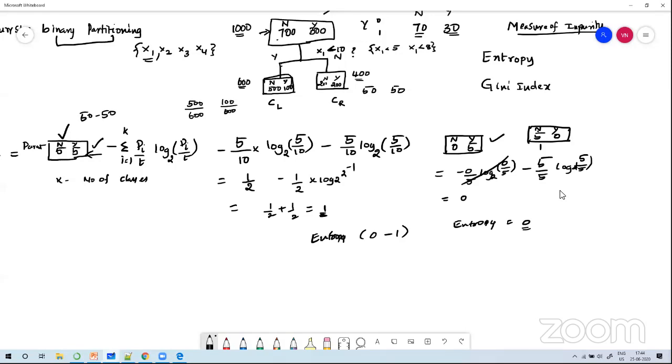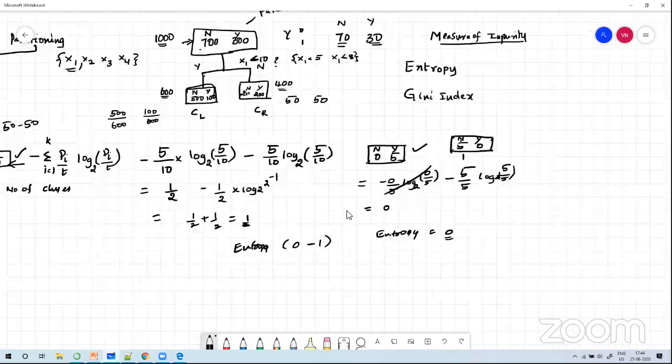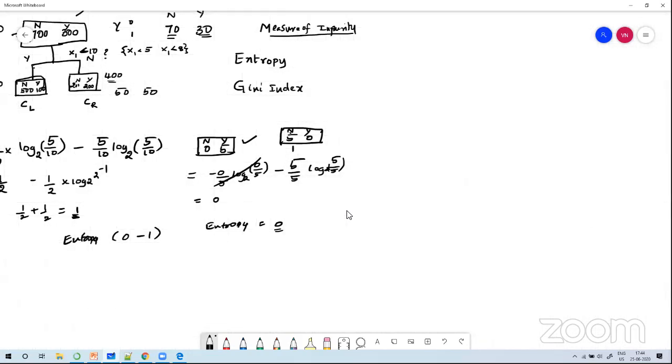Next, another one is called Gini index. Now, let's see how to compute Gini index. 5, 5, both has 5 and 5. Gini is 1 minus sigma pi by t whole square.